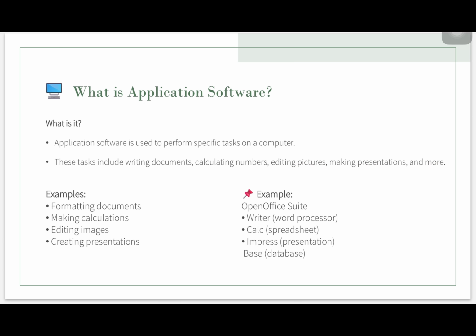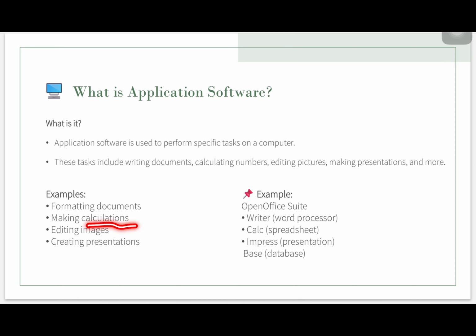Now we will see the basics of that. For example, to format any document, what we will use? A writer, right? Word processor. For example, MS Office Writer or Google Docs, otherwise OpenOffice Text.